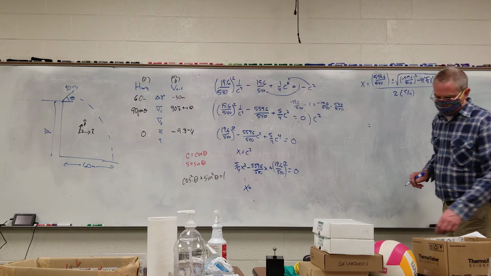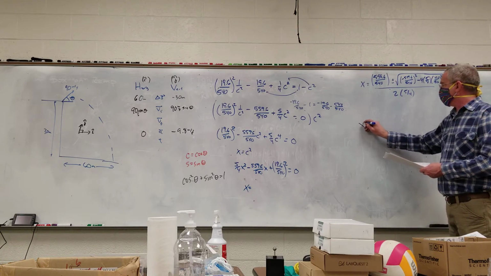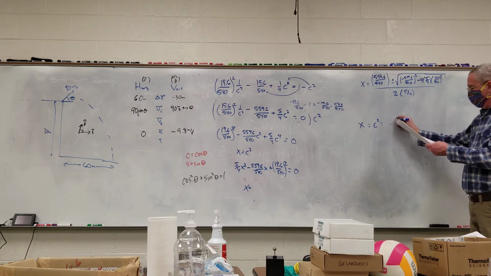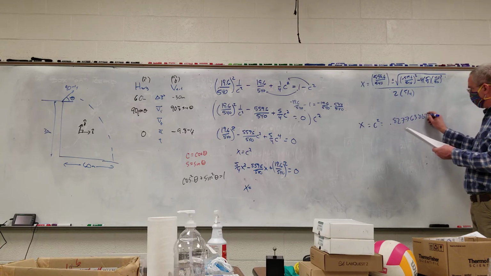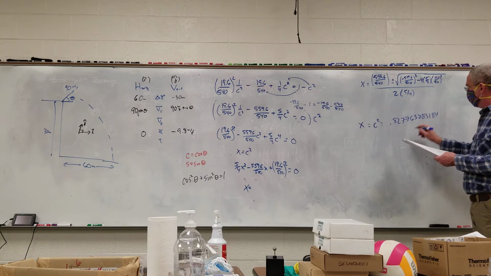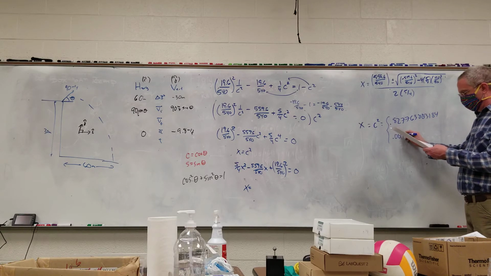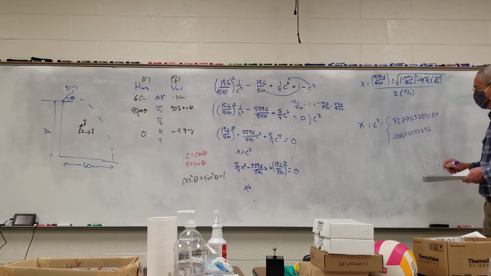And the two answers that I got when I worked it out were x equals cosine squared equals 0.827763803184, or 0.01273233856.